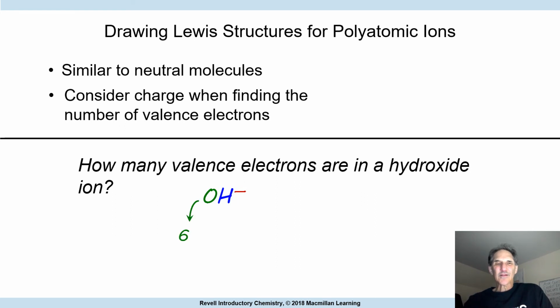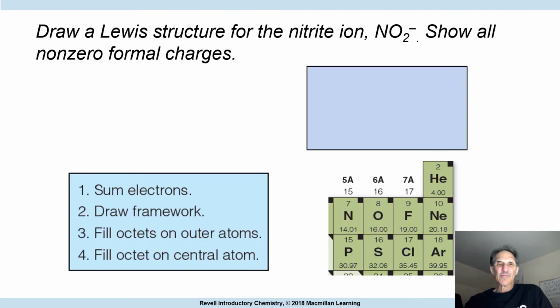And how many electrons does it come with? 6. And this came with 1 electron, and there's one more electron somewhere floating around because it has a minus charge. So there's 8 valence electrons overall.